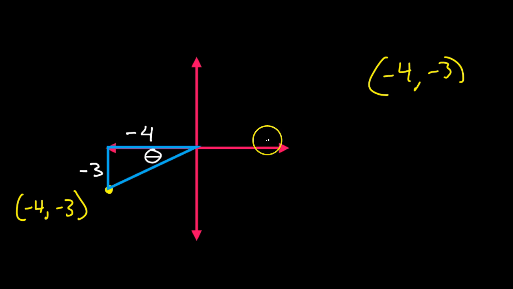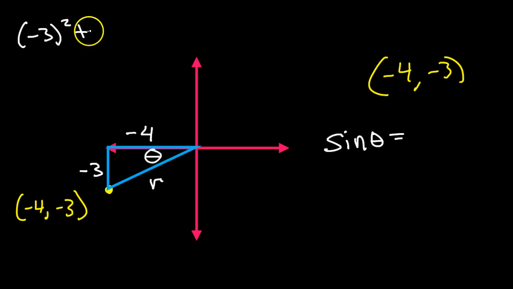Now, keeping in mind the definitions of all the trig functions, if I want to do the sine of this angle, we know that the sine is, oh wait, too early. We need to find the radius first. We need all 3 sides before we make the triangle. So clearly the way we will find the radius is by doing the Pythagorean theorem. So we're doing a squared plus b squared equals c squared.